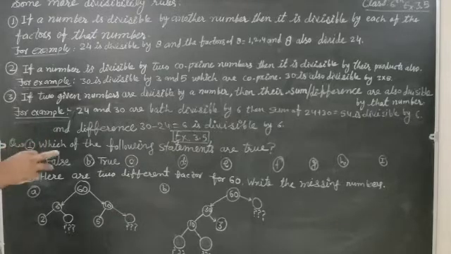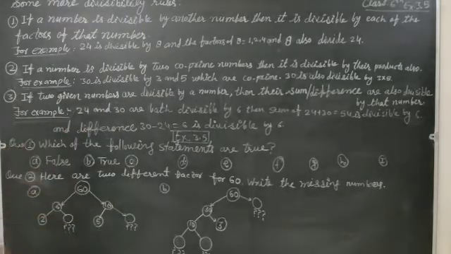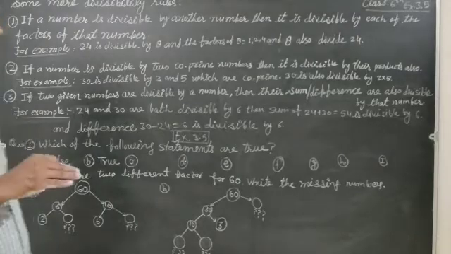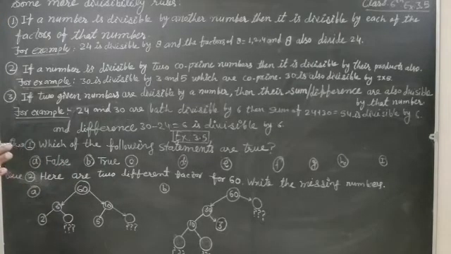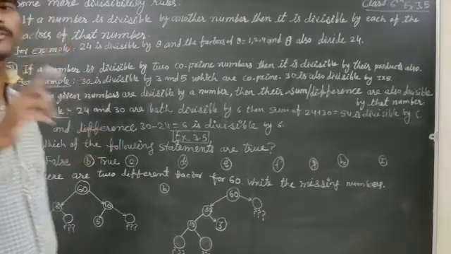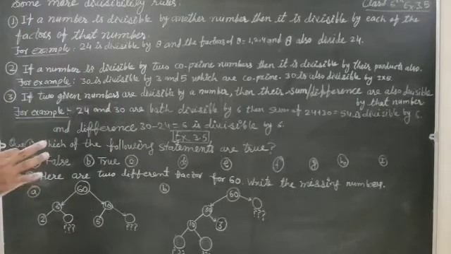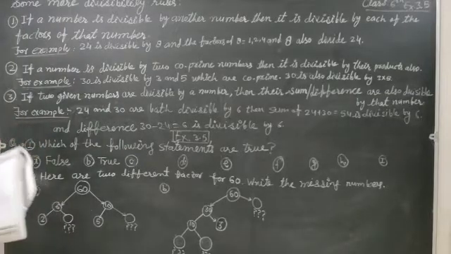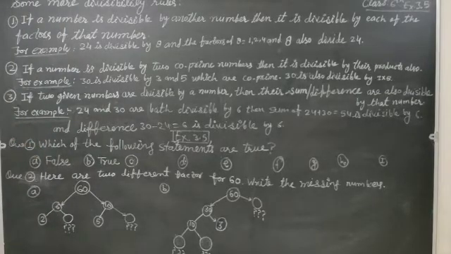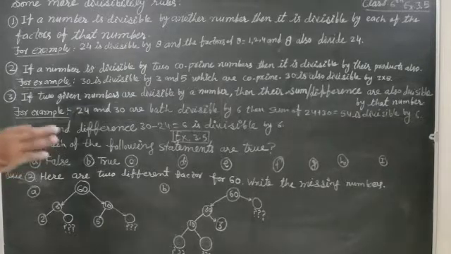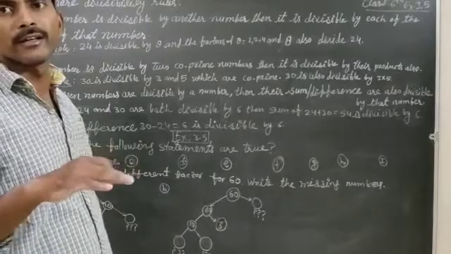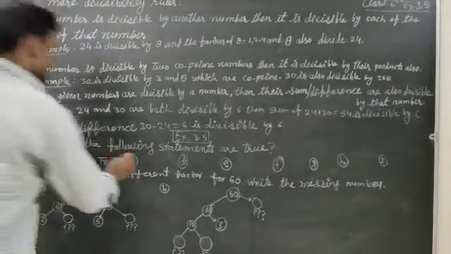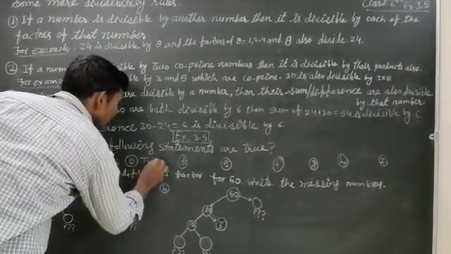For example, 36 is divisible by 18, so 36 is also divisible by 3 and 6. So we can say a number is divisible by 18 if it is divisible by both 3 and 6, because 3 and 6 are factors of 18. So this statement is true.